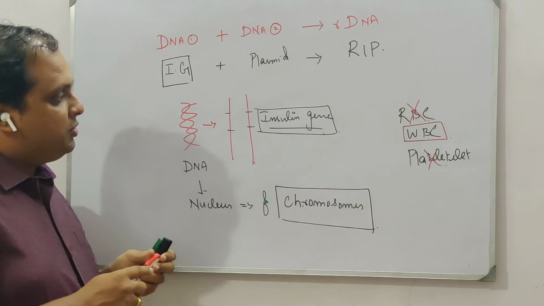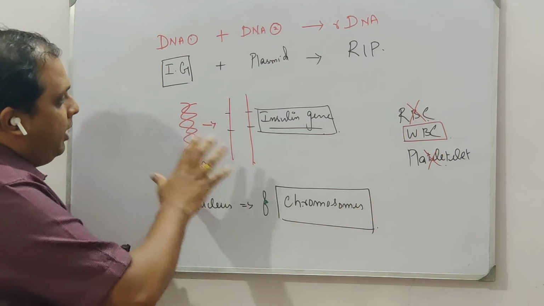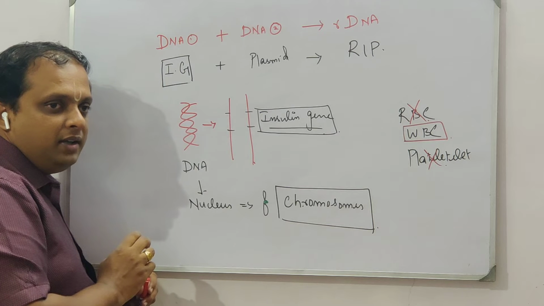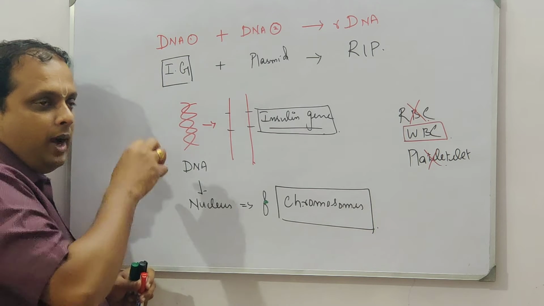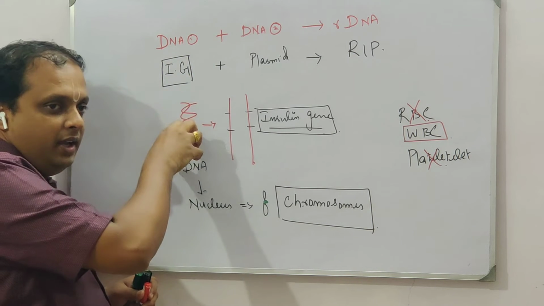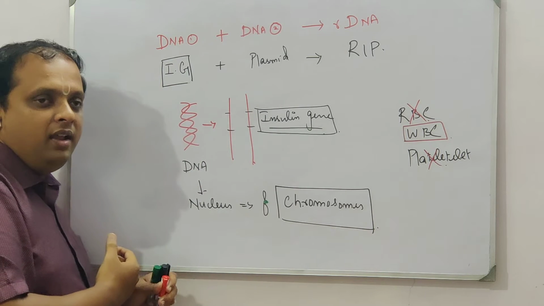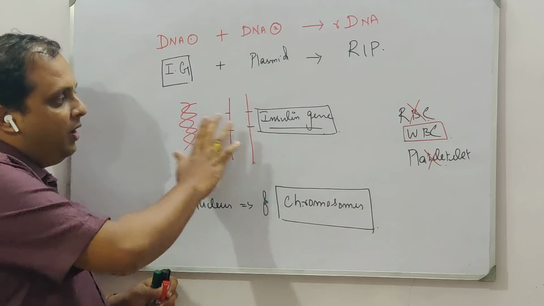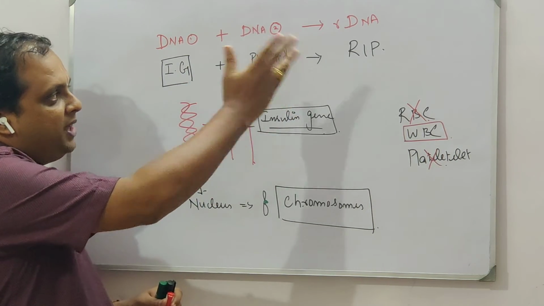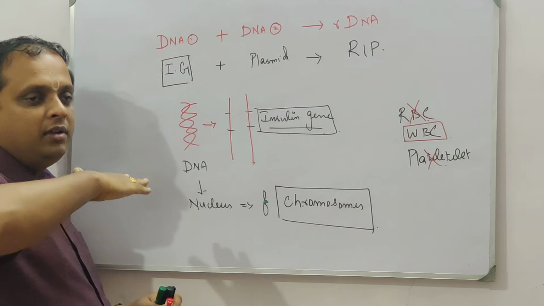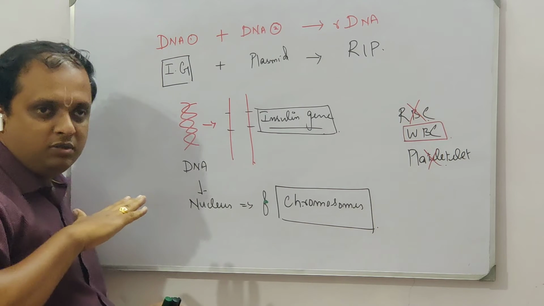Okay. So now, to summarize, I need this insulin gene, which I cannot get alone. I know that the insulin gene is sitting inside my DNA. So my plan is to get the DNA out of the cell, concentrate on the insulin gene and put it in a plasmid, where I get a recombinant insulin plasmid, through which I am going to continue my process of insulin hormone production.